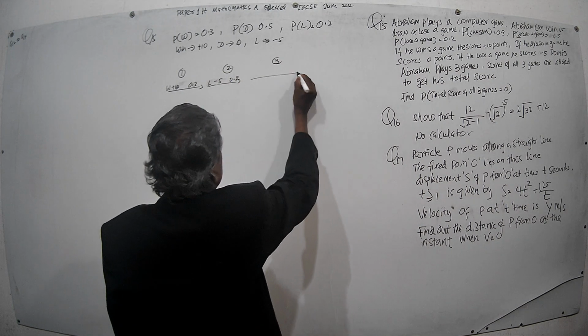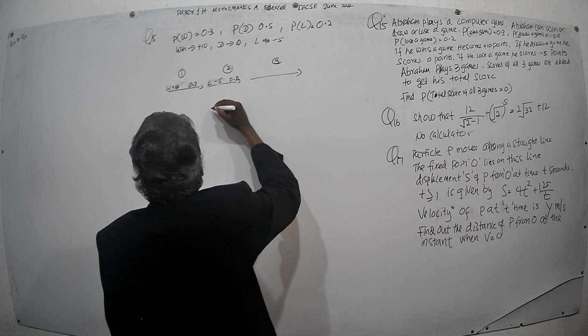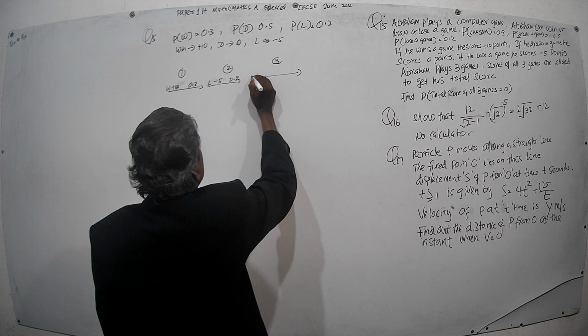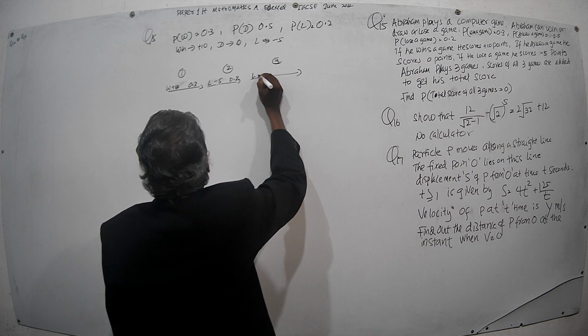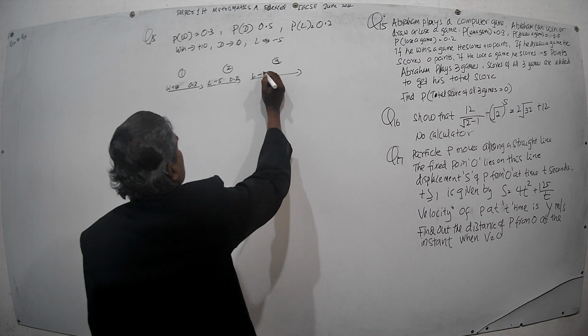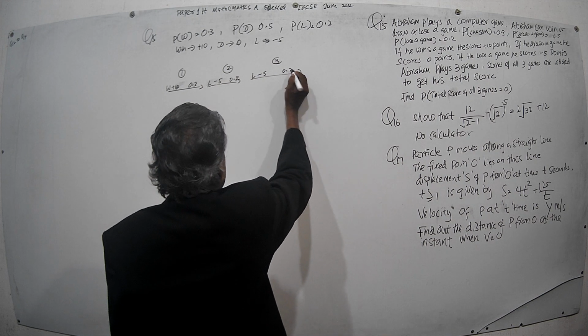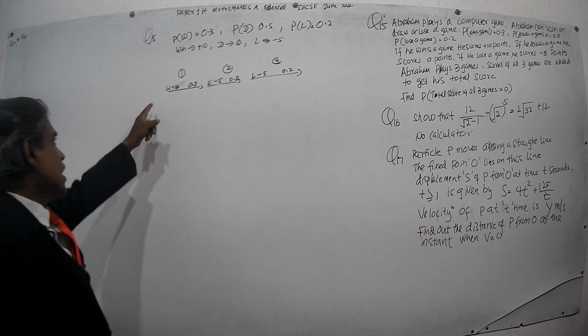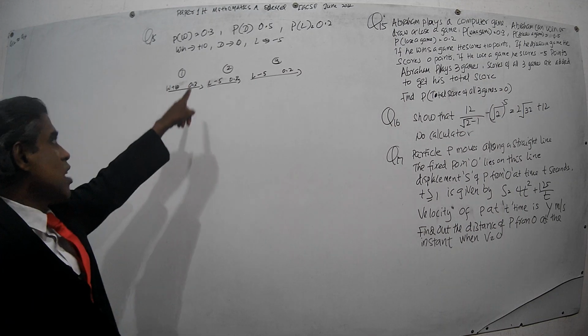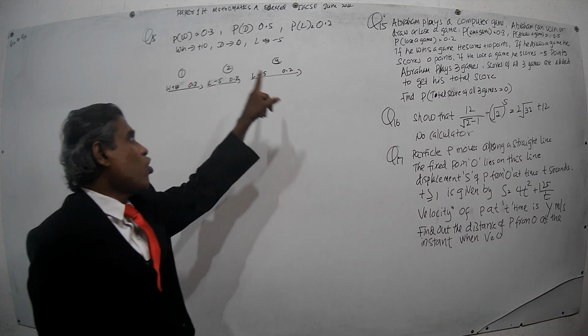This one also he loses, that is minus 5, and the probability is 0.2. This is one way of getting it: first one he wins, second game he loses, third game also he loses.